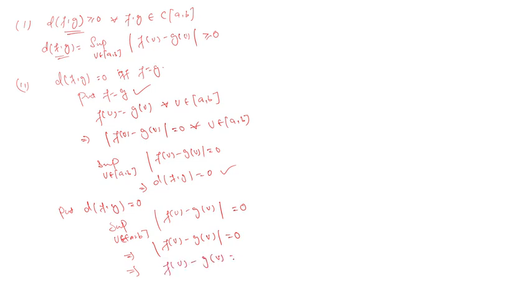So f of u minus g of u is equal to 0, and this is only possible if f of u is equal to g of u. So what I got, I supposed this is equal to 0, I got this, means it satisfies this condition.